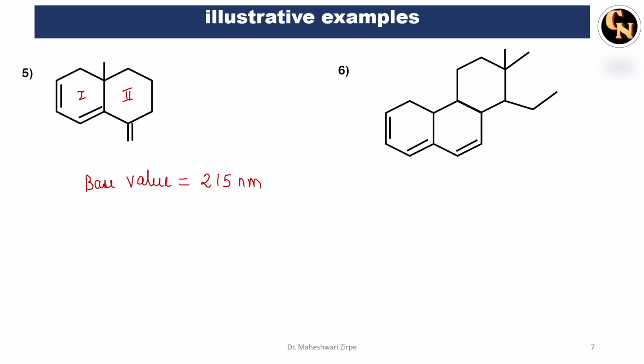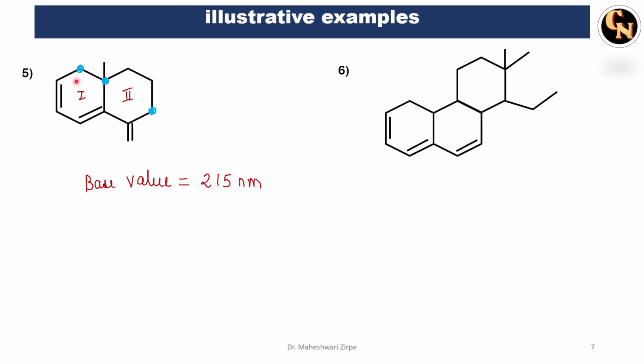The next thing you are going to do is, for conjugation you will find the alkyl groups, correct? Let us find the alkyl groups. The alkyl group is 1, then olefinic alkyl groups 2, here 3, correct? So there are 3 substituents, and one more thing you have to find out, that for homoannular there is extended conjugation, correct?